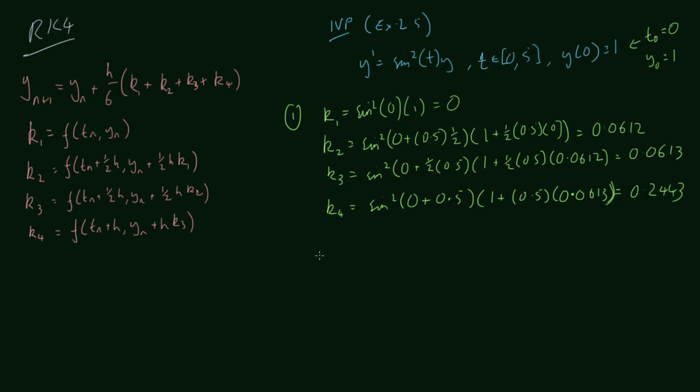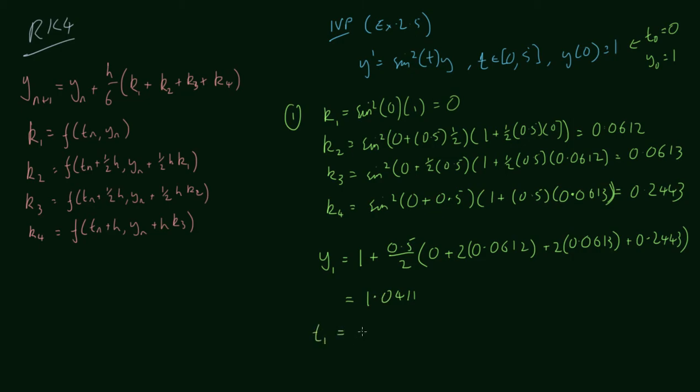Once we've got the four stage values, we can calculate y1, which is y0 plus our step length divided by 2 multiplied by k1, which is 0, plus 2 k2 plus 2 k3 plus k4. That gives us 1.0411, correct to 4 decimal places.